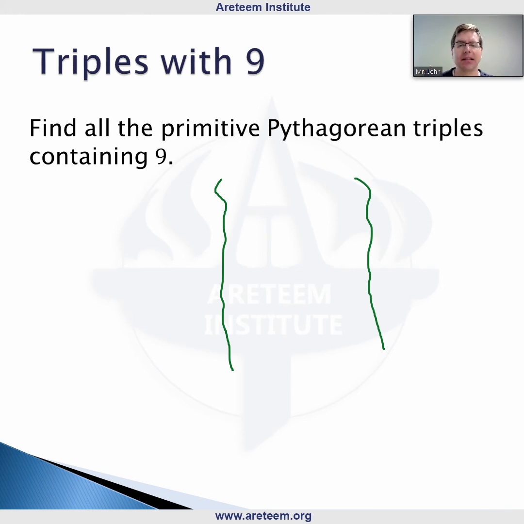Remember that if 9 is a, we could have 9 is m squared minus n squared. That is one possibility. We could also have 9 is b, so 9 is equal to 2 times m times n. And we could also have 9 is equal to c, so 9 is equal to m squared plus n squared.